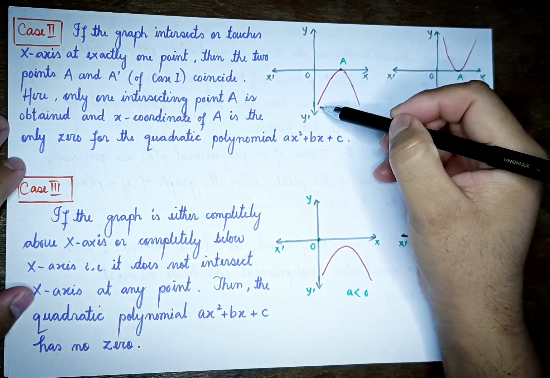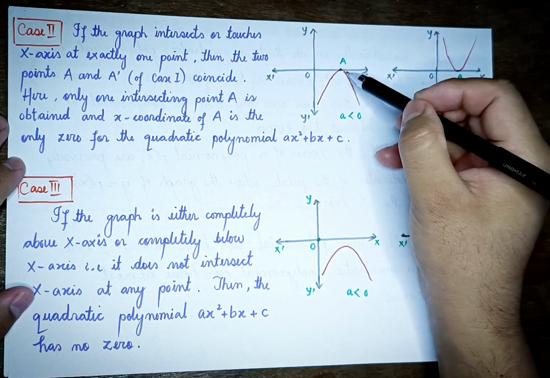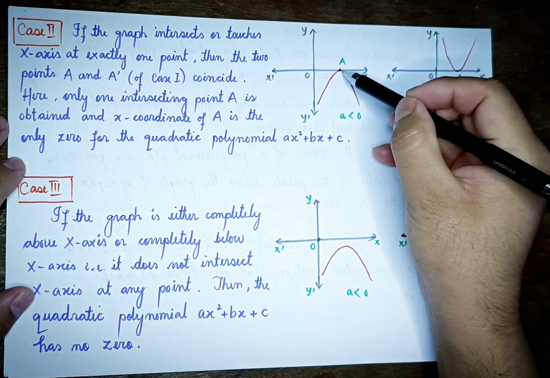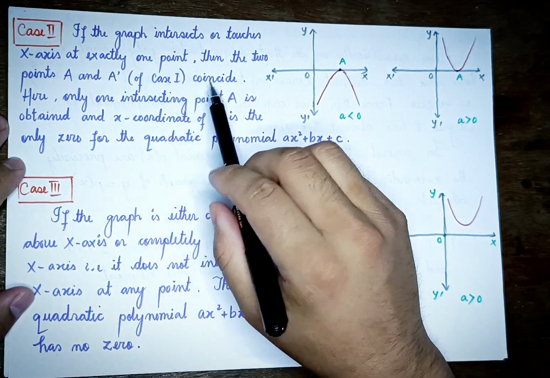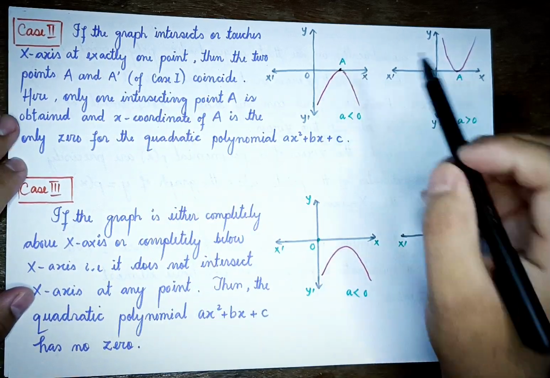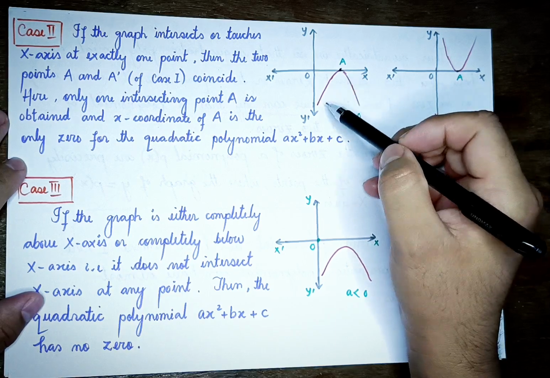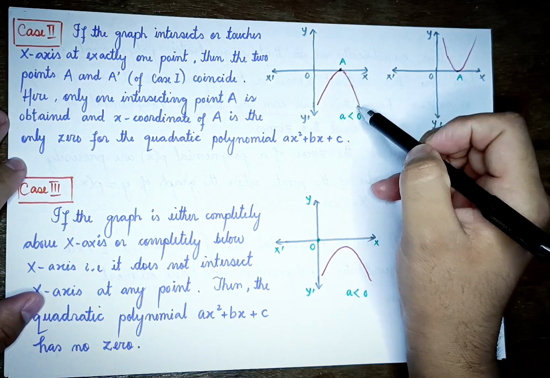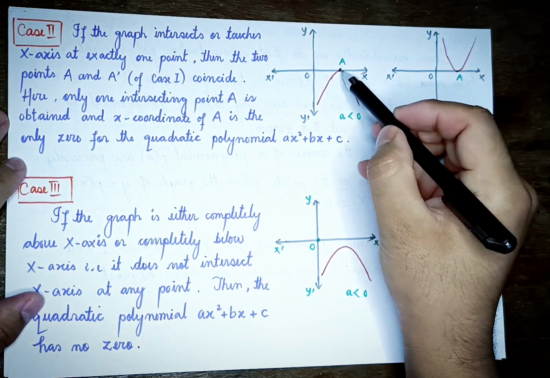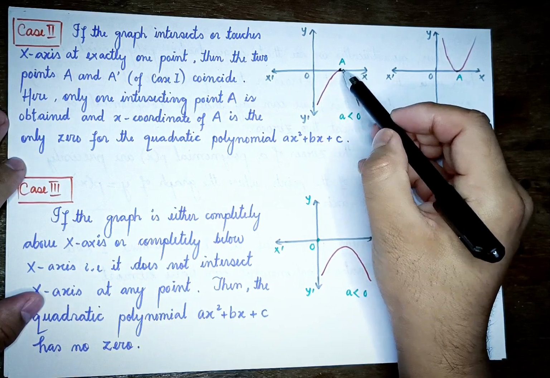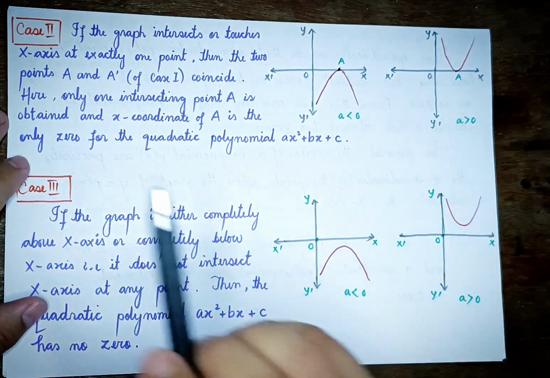Here the graph of the quadratic equation intersects the x-axis at only 1 point, that is at A. If the graph intersects the x-axis at only 1 point, then it will have only one zero.